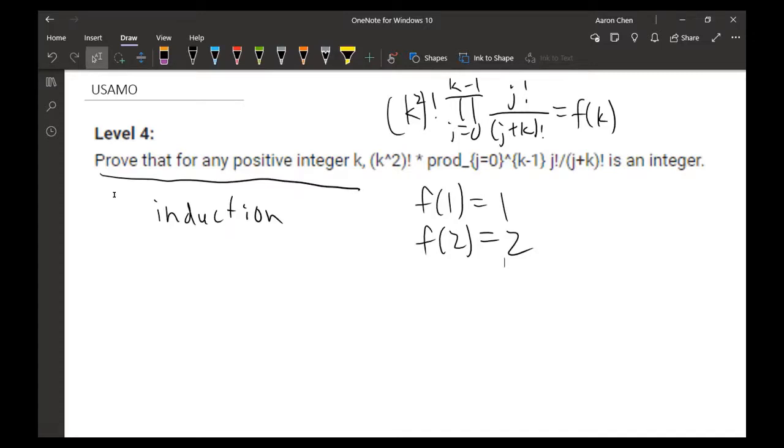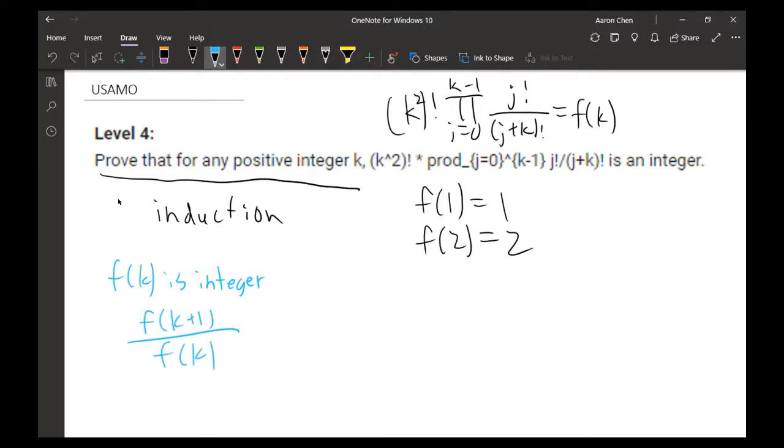So next up, we can assume that f of k is an integer. Then we can find f of k plus 1 divided by f of k.